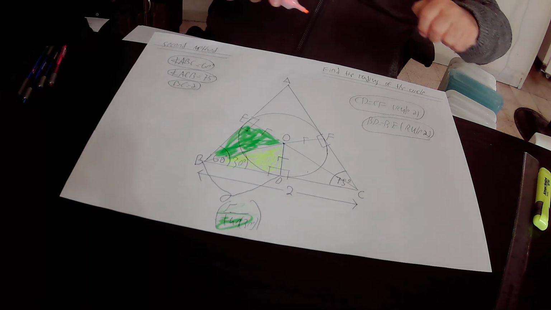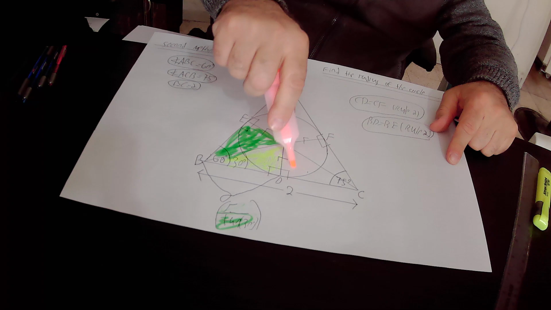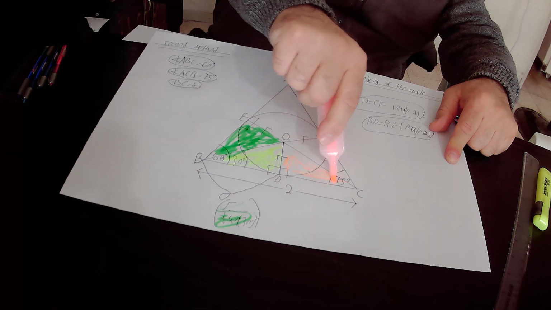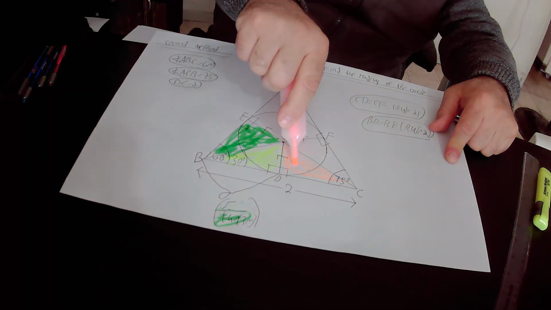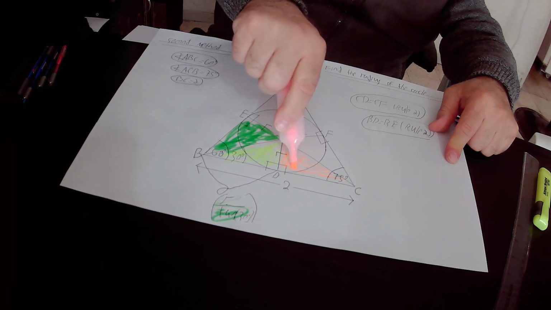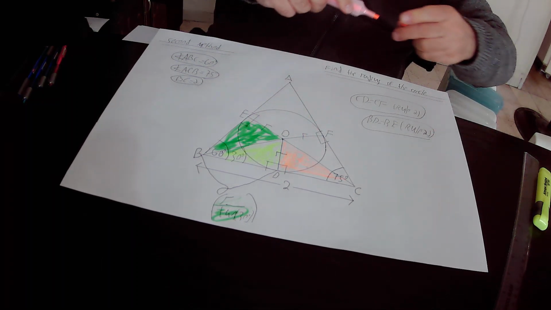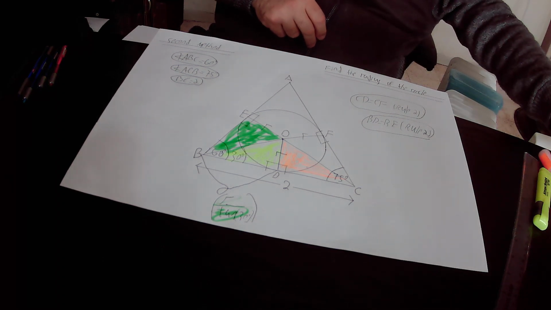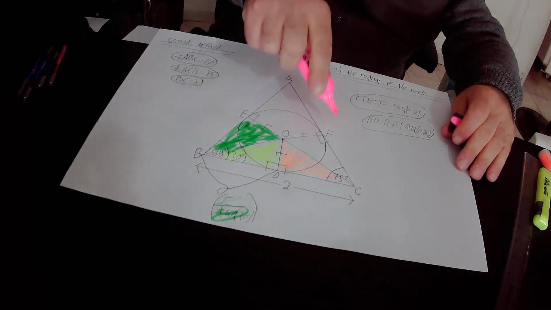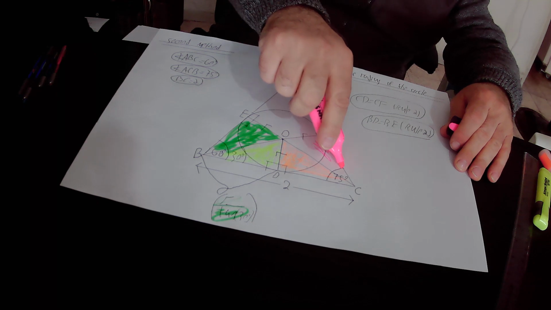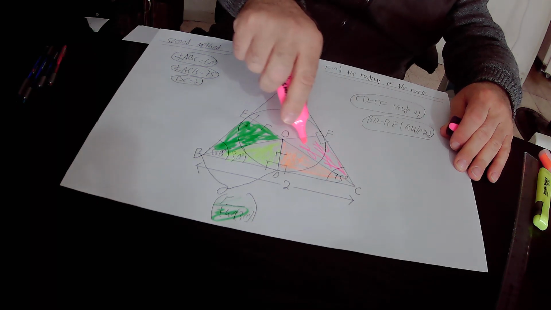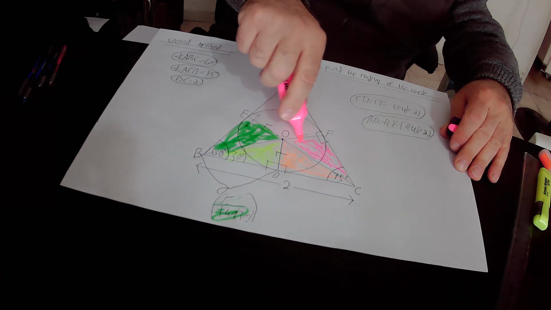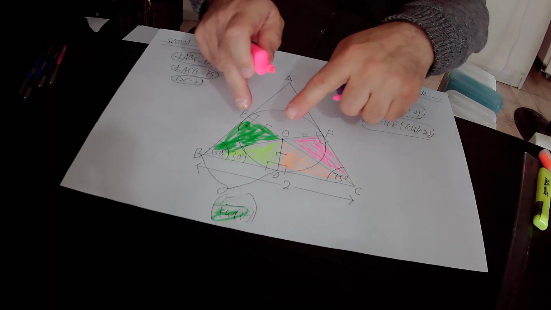That is to say, we will prove that the right orange triangle, triangle ODC, is congruent to the right pink triangle, triangle OFC. We'll do it quickly because it is exactly the same process as we did on those two right triangles.